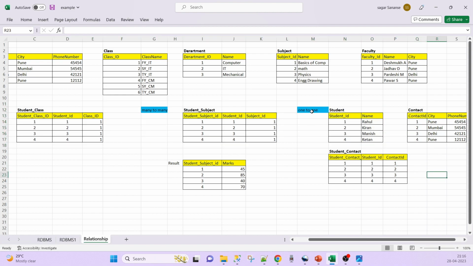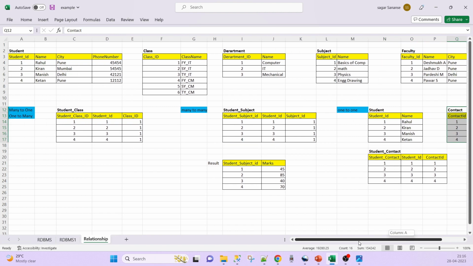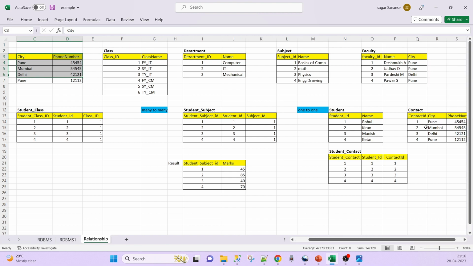And one to one relationship is very simple. Suppose there is one student and the student has only one contact, then a one to one relationship is bound here. What we did here is segregate the table, because that information is repeating, or we have to do normalization, and at that time we segregate the table.